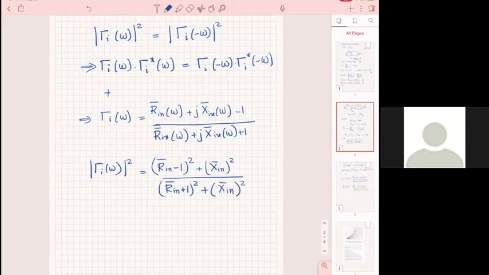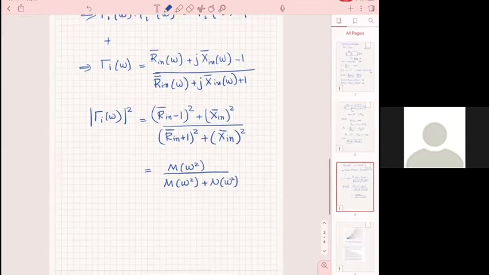So that's what you have. And then it's very interesting to show that practically this is written in this form as a function of omega squared divided by the same function plus another function.